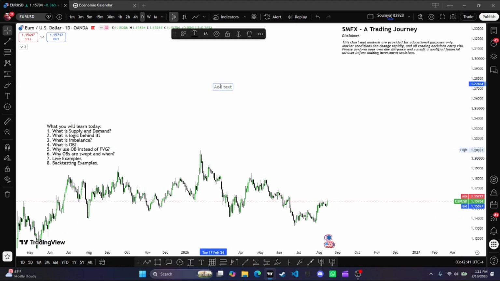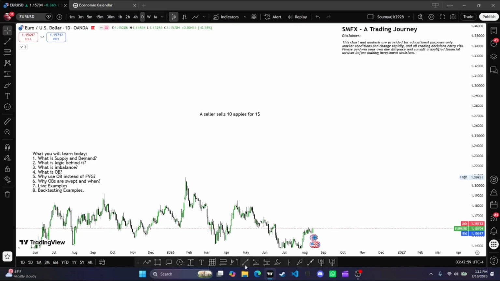Supply and demand can be imagined like in a market where a seller is selling and a buyer is buying. For example, a seller sells 10 apples for $1, and this will be known as your supply.